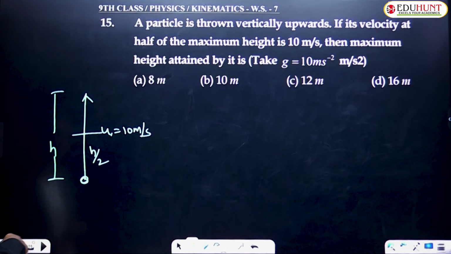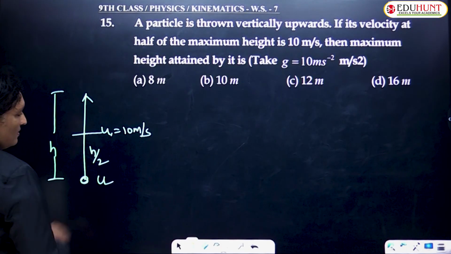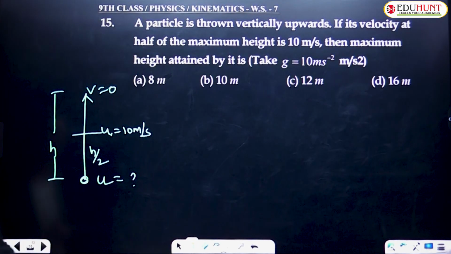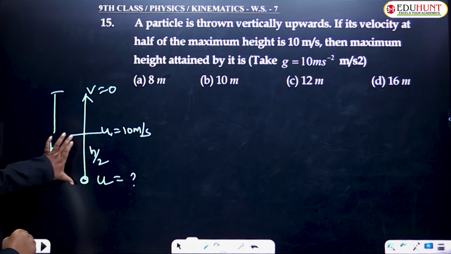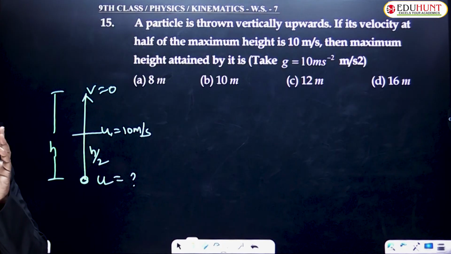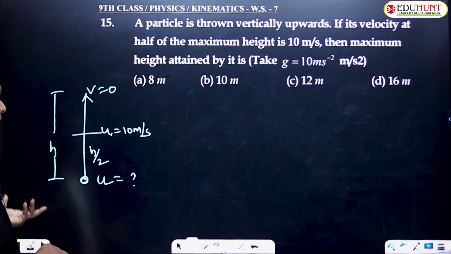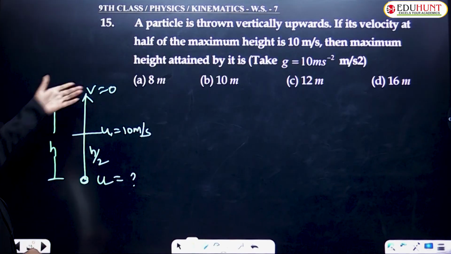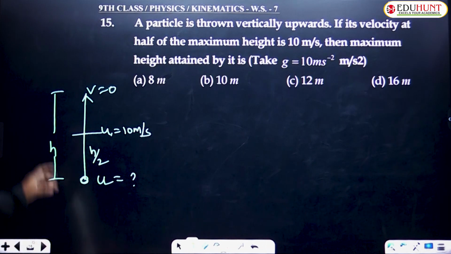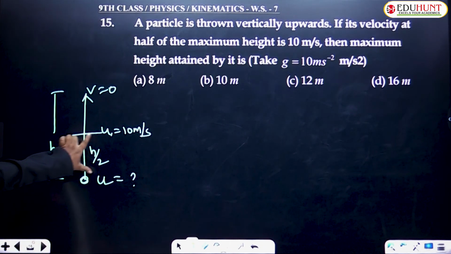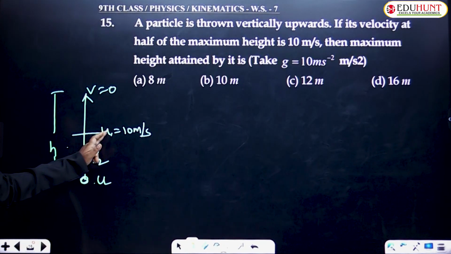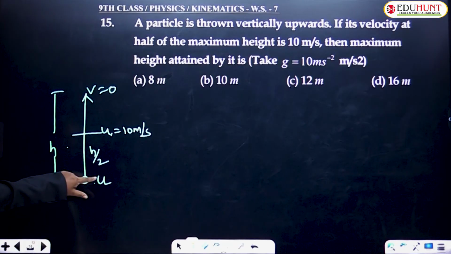In order to find this, first let us try to find the initial velocity. The velocity at the top will of course be 0. Two different conditions; let us focus only on this part. You are asked to find h. The only option is v square minus u square equals 2as.